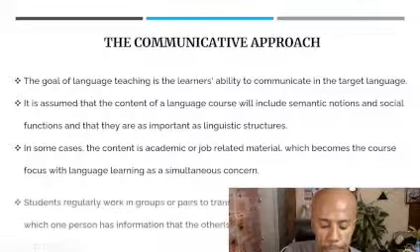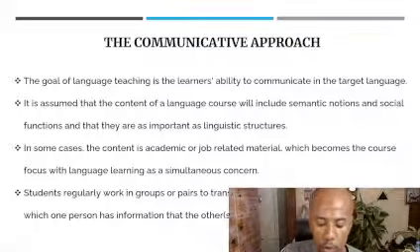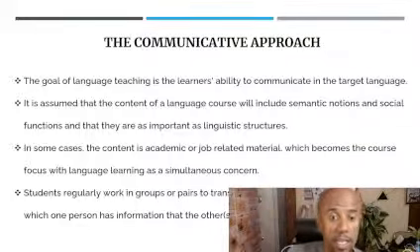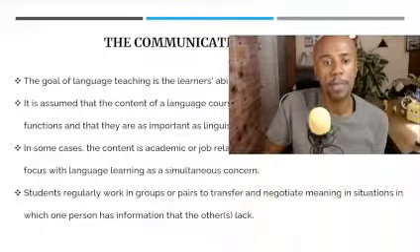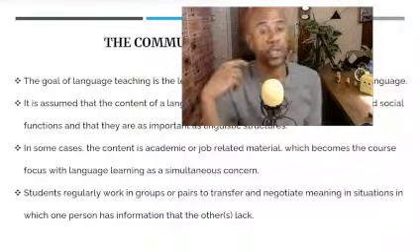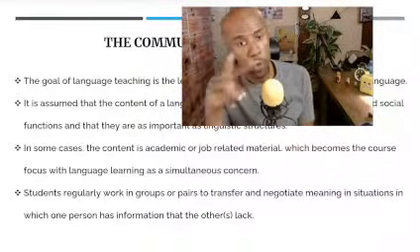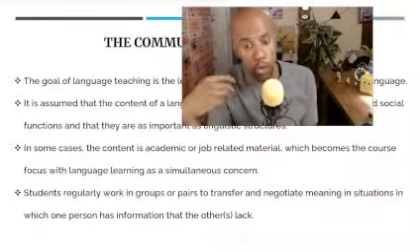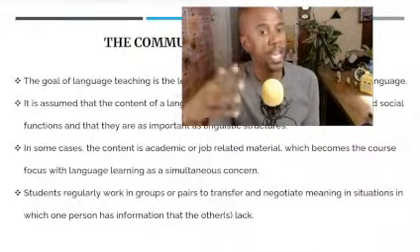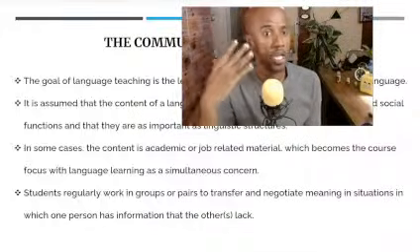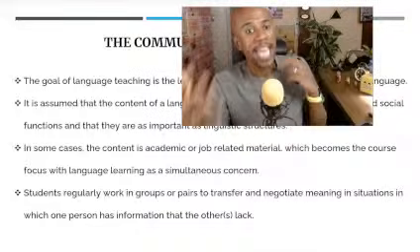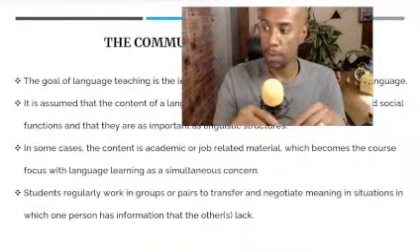Now, students regularly work in groups or pairs, something that we have seen before but which is used a lot in the communicative approach. Why? Simply because the goal of the teaching and the learning is communication, and the best way to have communication is, in fact, to work in pairs or in groups in order to negotiate meaning. Remember that according to Hymes and Halliday, language is communication and communication is meaning, and you use language to communicate meaningful tasks.